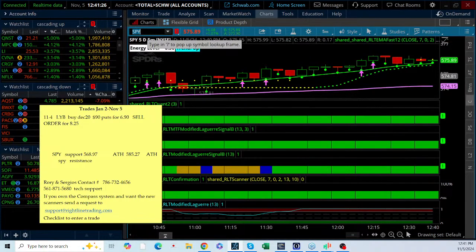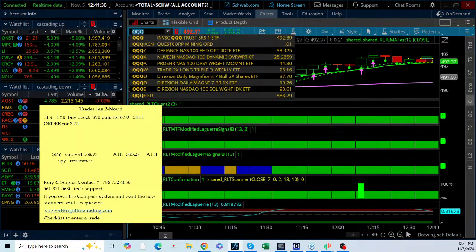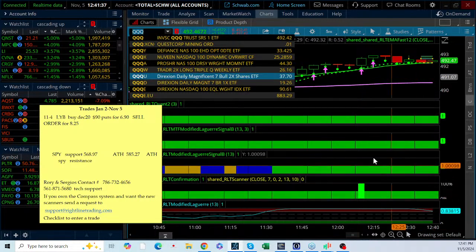Still fighting that 15 EMA. Can't get through it. Not yet. Triple Q's right at the 15. Back to green on the current time frame momentum here.